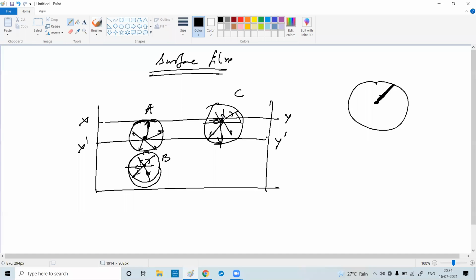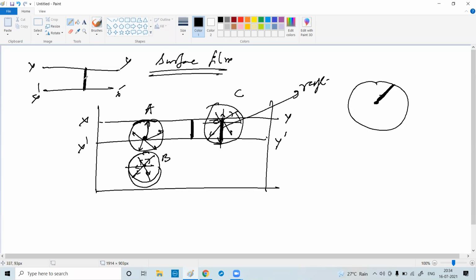So if the radius is actually the range, and the center is here, can I say this distance is actually the range? Yes or no? So if this is the range, what is this length? This length is nothing but the perpendicular distance between XY and X dash Y dash.